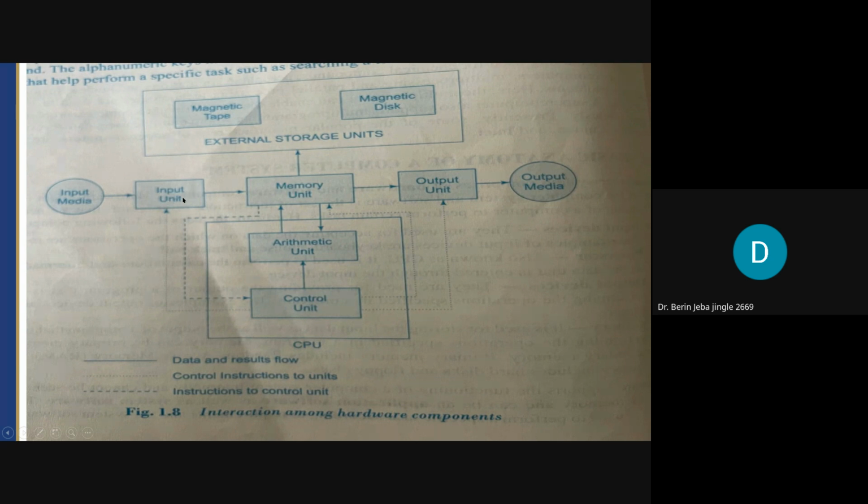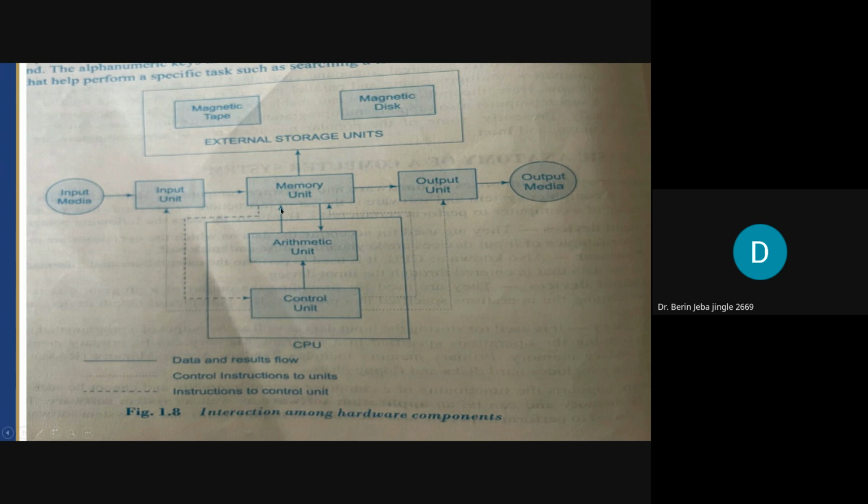From the input unit, the data are stored in the memory unit. When we say memory unit, there is an internal memory unit and an external storage unit. External storage units are the pen drives, the CD-ROM, the floppy disk. We call it the secondary storage unit also, devices.